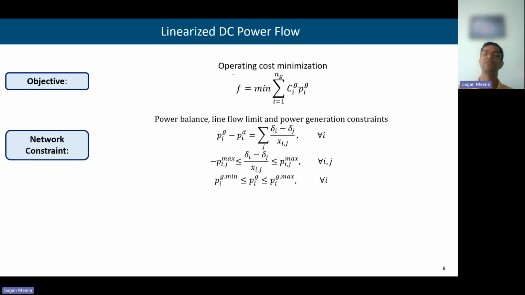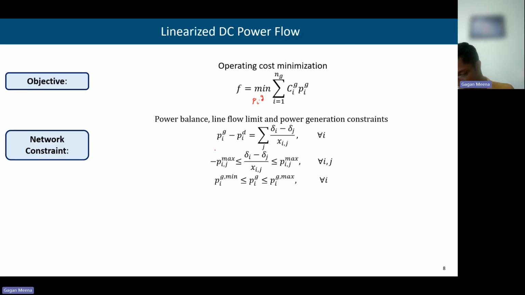You can see this is the minimize here: the summation of C_i(P_Gi), i equals 1 to NG, the operation cost of generator i as a function of the generation P_Gi. Now we have the network constraints, which are the power balance, line flow limit, and power generation constraints.